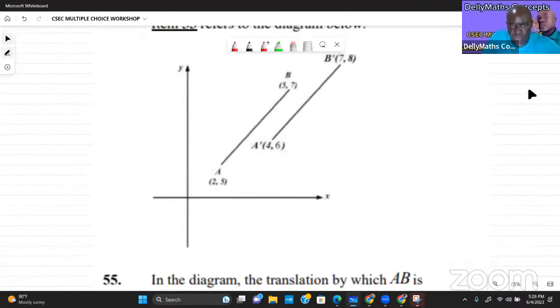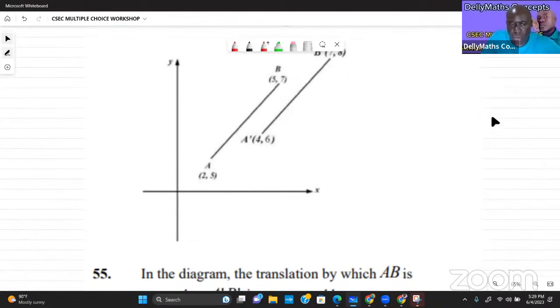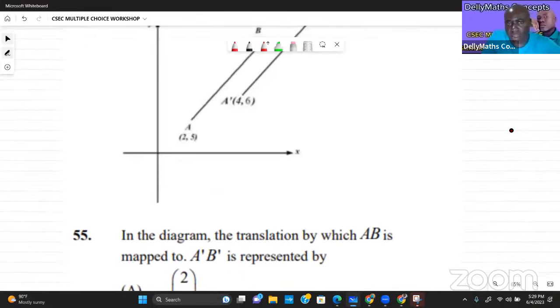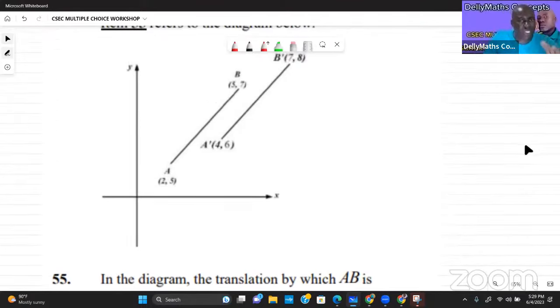This one. We're told that it's a translation. So you're told that the figure there is a translation, and they want to know what that translation is. All you have to do is pick corresponding points.